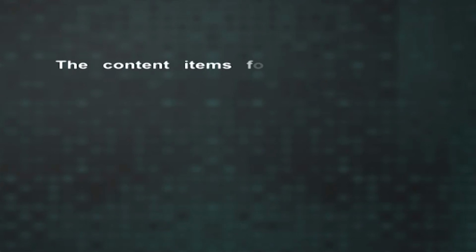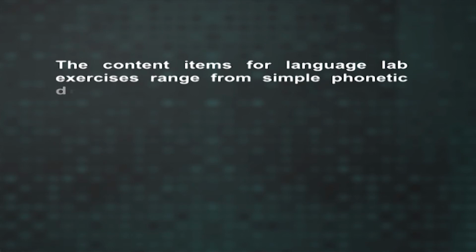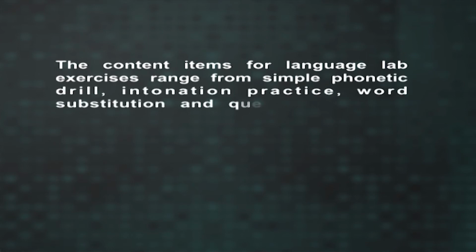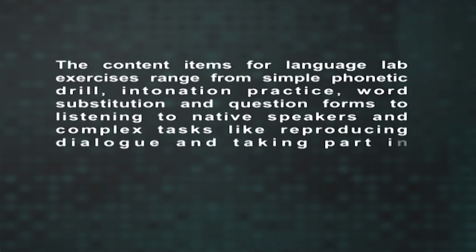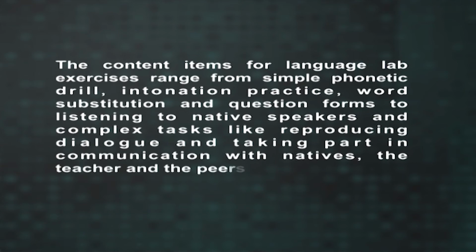The content items for language lab exercises range from simple phonetic drill, intonation practice, word substitution and question forms to listening to native speakers and complex tasks like reproducing dialogue and taking part in communication with natives, the teacher and the peers.